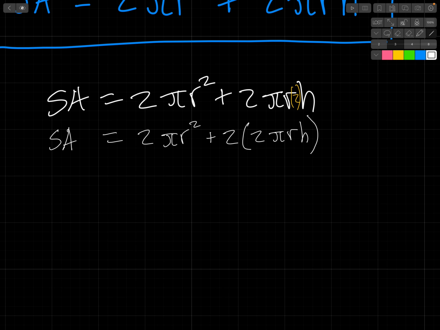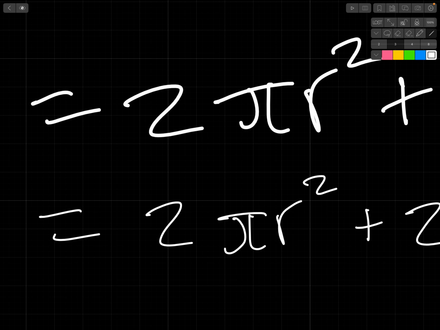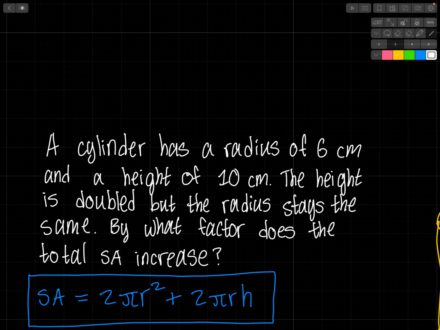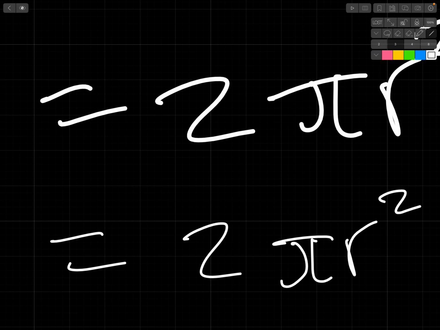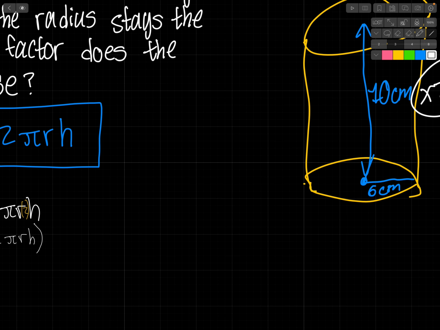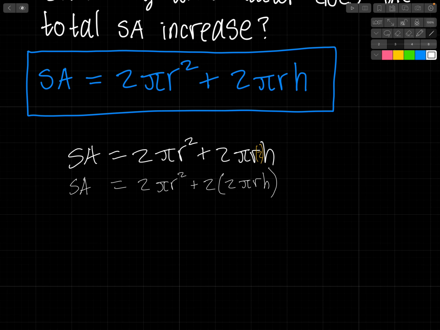So now that we know this, that means that the circles are not being affected by this increase in factor, like the doubling. The 2 circles are not being affected at all. But the lateral surface area of the cylinder, like the body of the cylinder, is being affected.